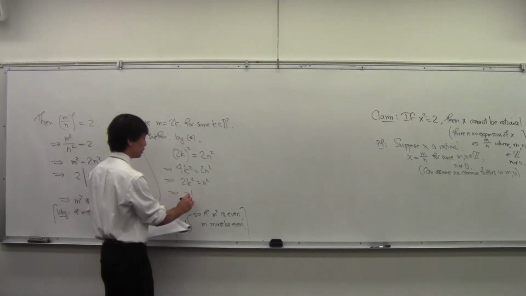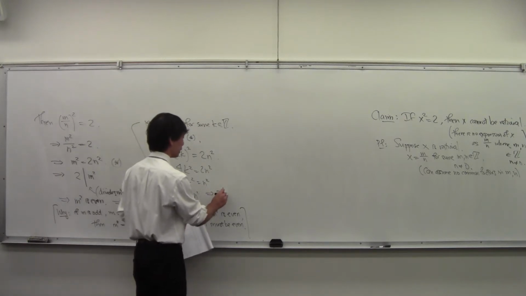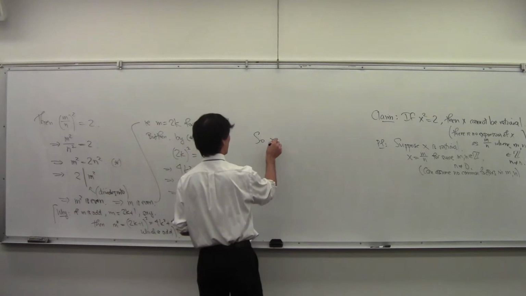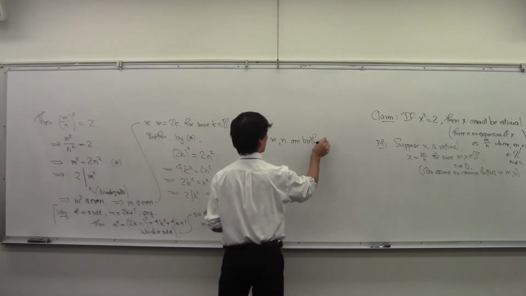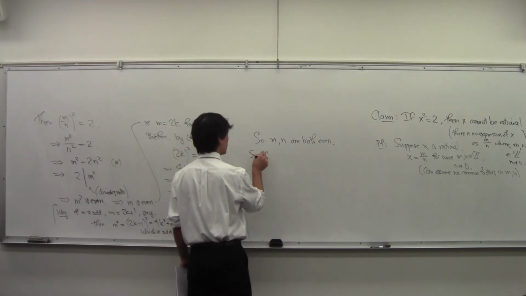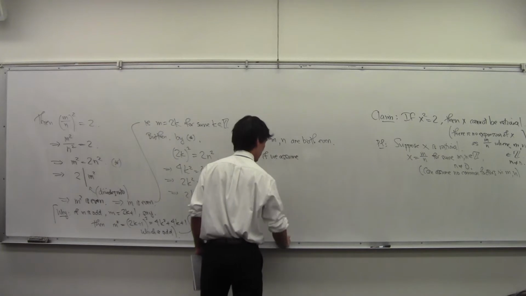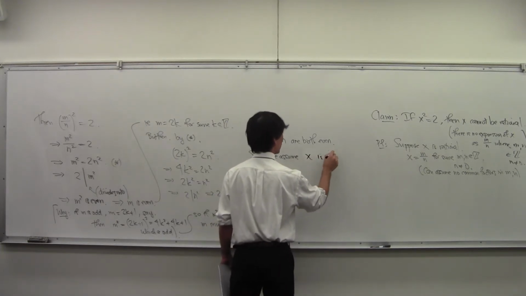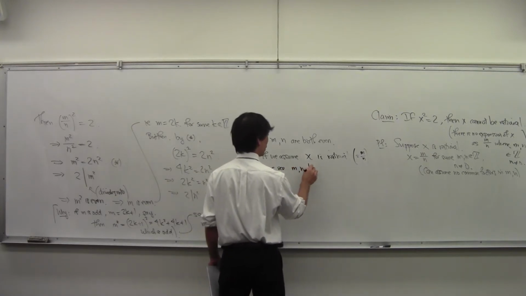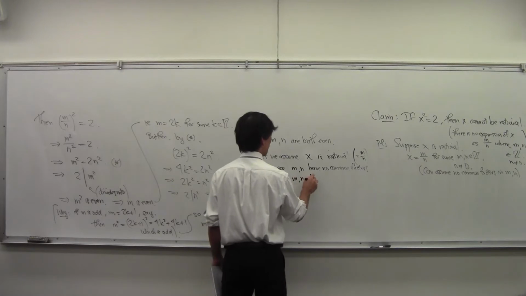Right? That tells you that 2 divides n squared, right? But from what we said over here, if 2 divides n squared, then 2 divides n, right? Right, and so m and n are both even. So what you get is that if we assume this x is rational, equaling m over n, we get that m and n have no common factors, and we also see that m and n have common factors.